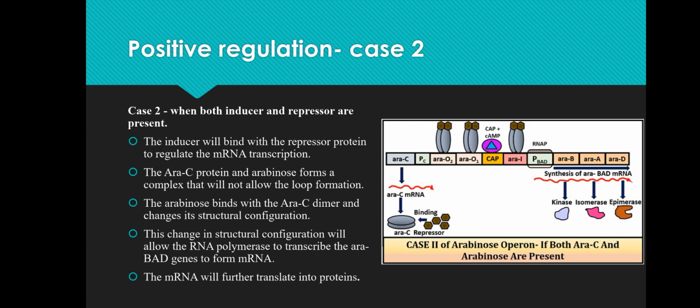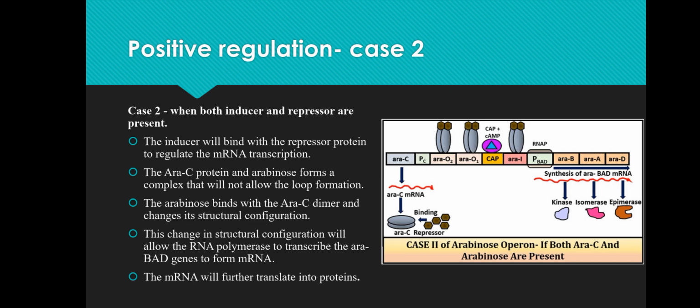But this is the case two, where both inducer and repressor are present. When the inducer binds to the repressor protein, it regulates the transcription of mRNA, and this RAC protein and arabinose form a complex that will not form a loop formation.